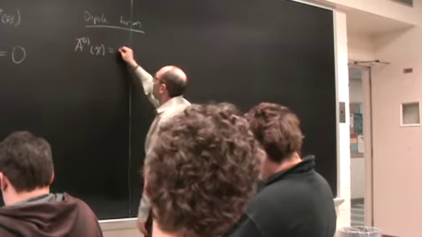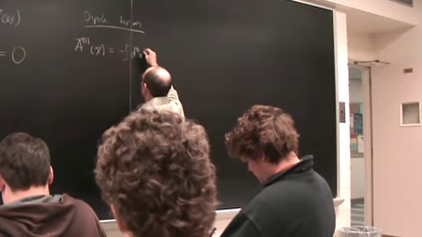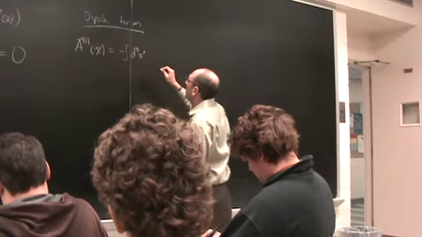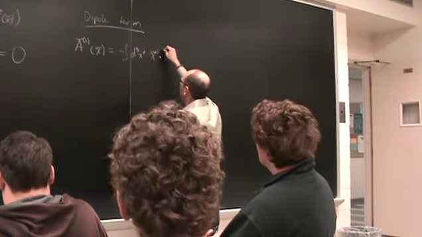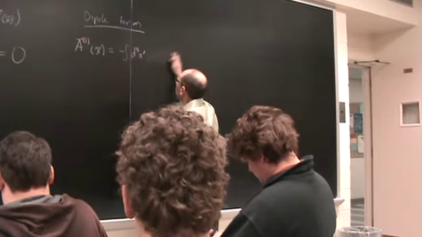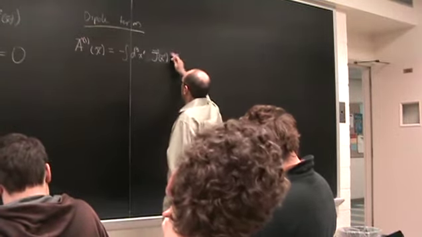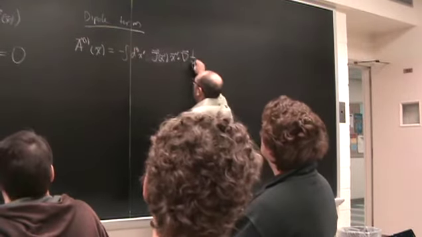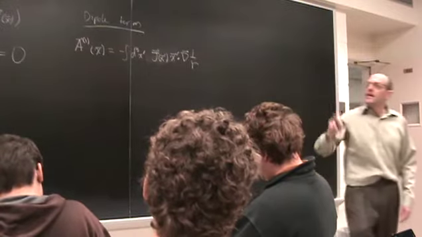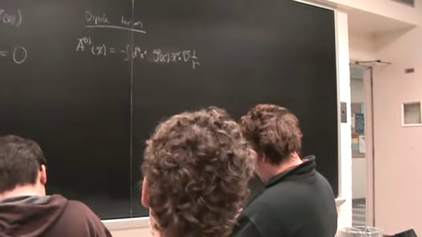We have minus 1 integral d cubed x prime x prime dotted into grad, j of x prime, x prime dotted into grad 1 over r. That's the L equals 1 term in that expression.